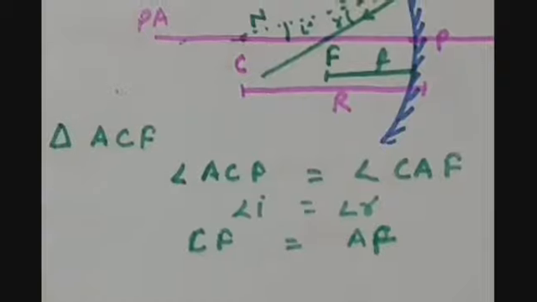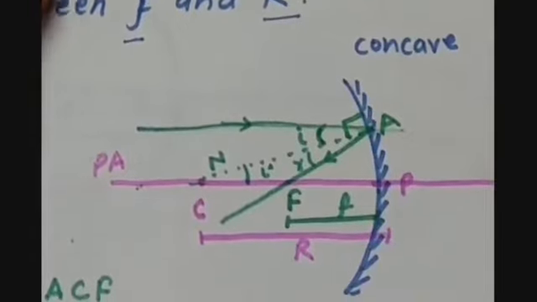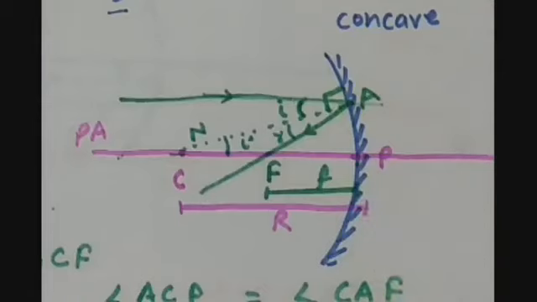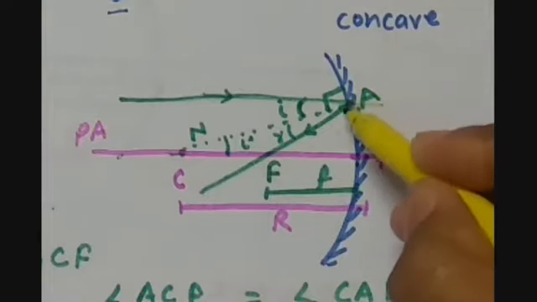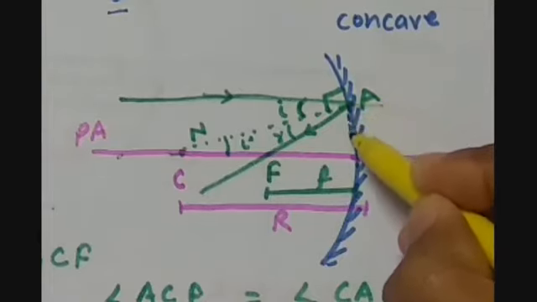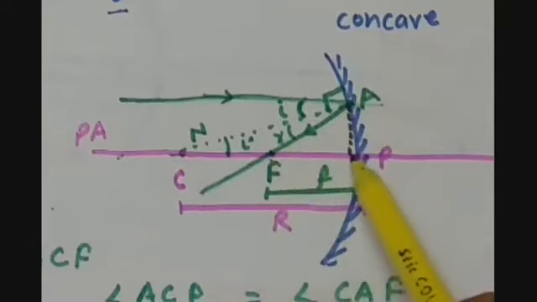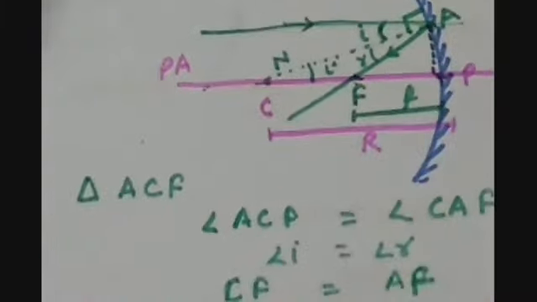Now we have to try and understand that this spherical mirror, although it is a part of a hollow sphere, has a very small curved portion, so it almost seems a plain surface. So when you drop a perpendicular, the difference between these two lengths is not much. You can take this length equal to this length as well. So we can write AF equal to FP.